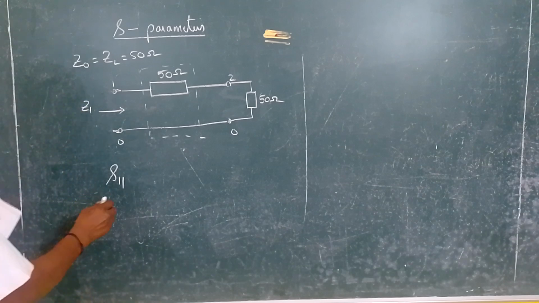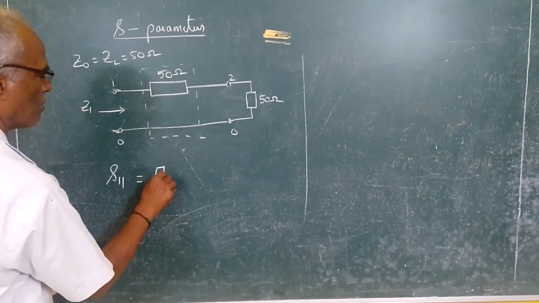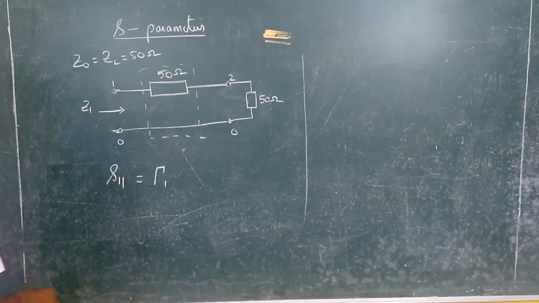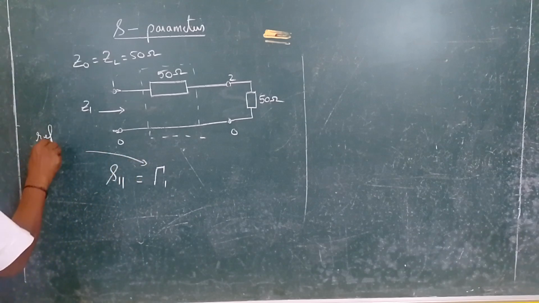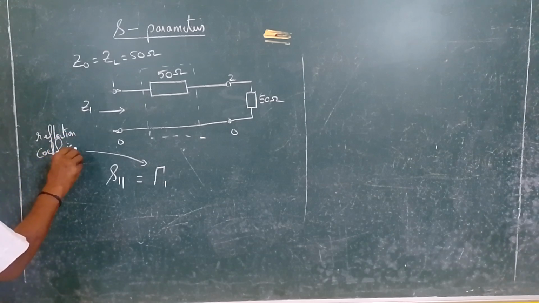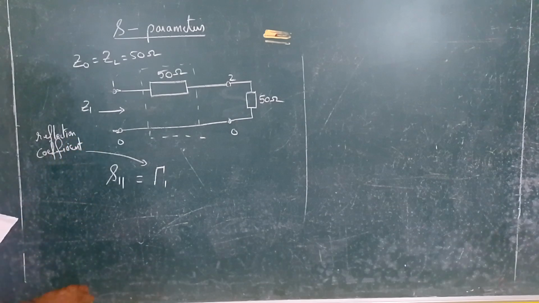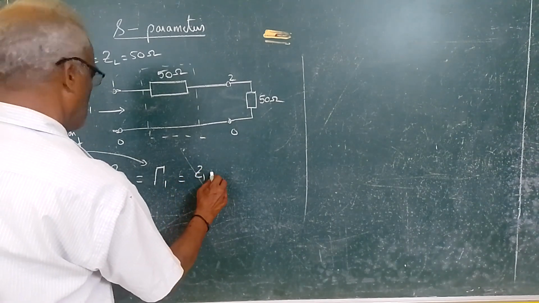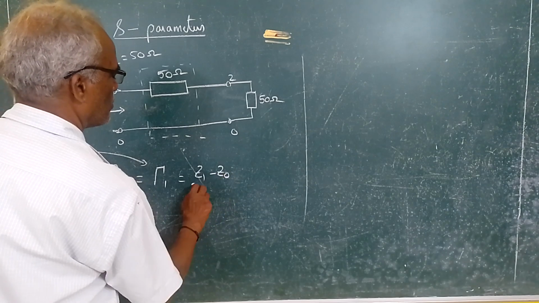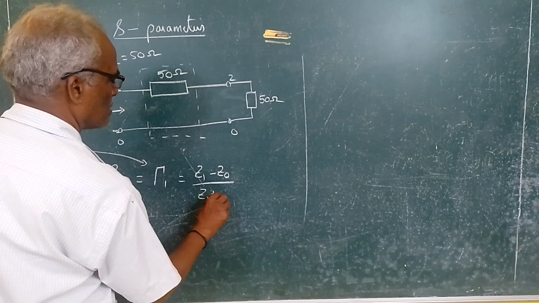Now S11 is nothing but gamma 1. This gamma 1 is nothing but the reflection coefficient, which is equal to Z1 minus Z0 by Z1 plus Z0.